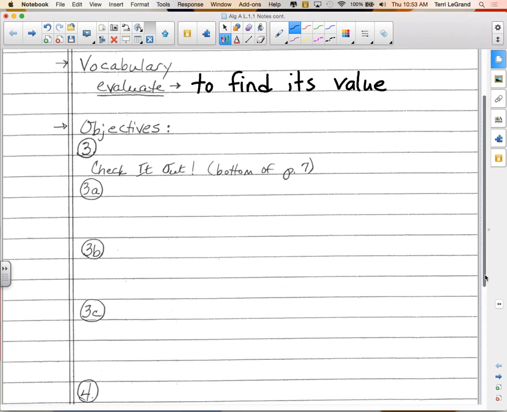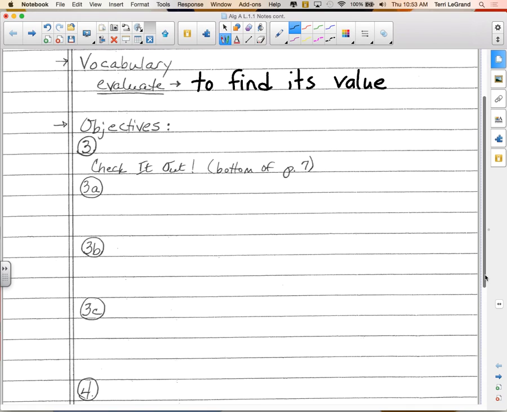Okay, so we're going to be adding to our learning goal today. We still have the same learning goal as yesterday. In your homework, you're still going to be translating between words and algebra. But today, we're adding a new learning goal to it. I can evaluate algebraic expressions. So that's what we're going to write here by number 3.